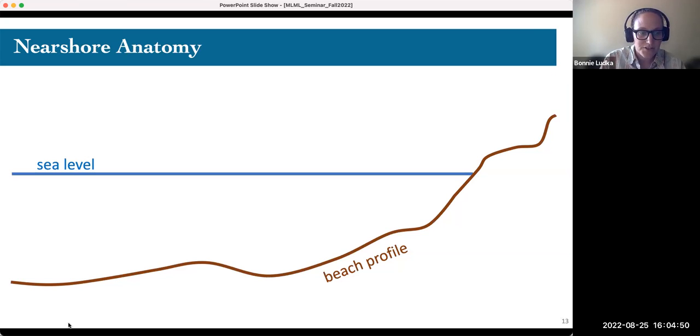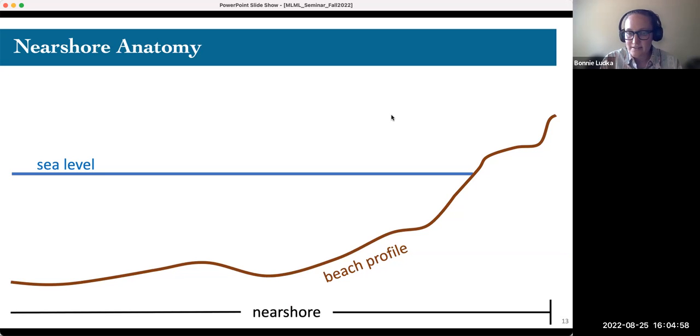And we'll have a little nearshore anatomy lesson here to make sure we are all on the same page. So here's a beach profile, and the nearshore is defined as running from the back of the beach to offshore, and how far offshore really depends on who you ask, what kind of oceanographer you ask.